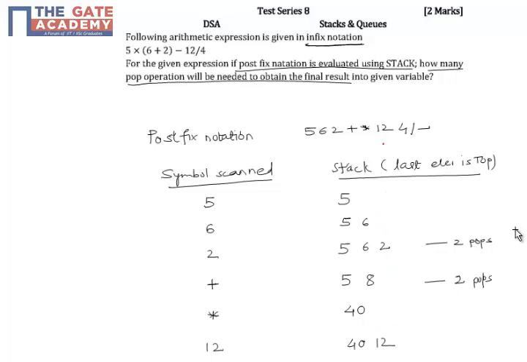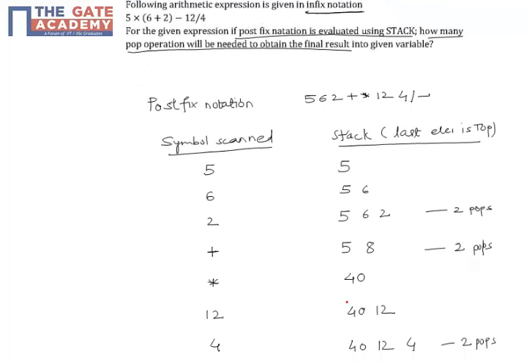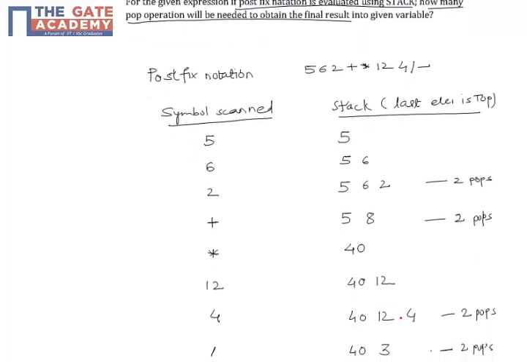Next we have 12 in the postfix notation, which is an operand, so we insert it into the stack. After 12 we have 4, which is again an operand, so we push it into the stack. The next symbol is the division operator.